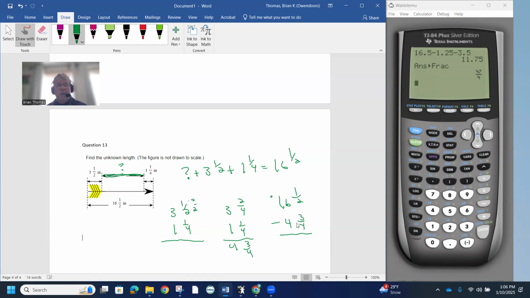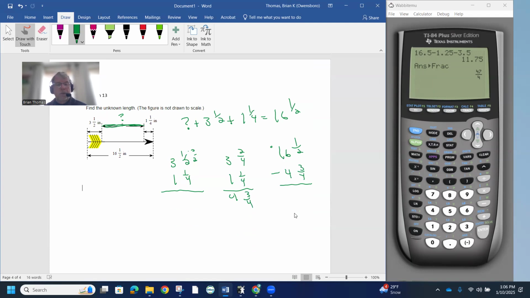Now we can give myself a little bit more room here. So let's just rewrite this over here. 16.5 minus 4 3/4. So 3.5 plus 1 1/4 should have been 4 3/4.